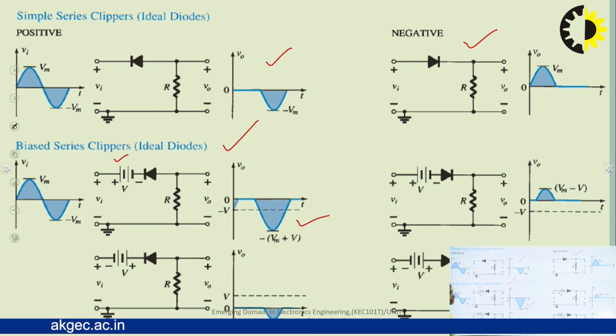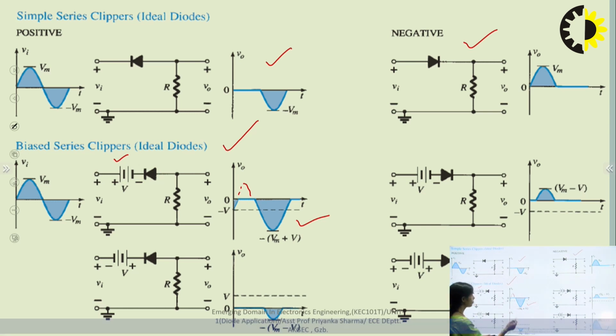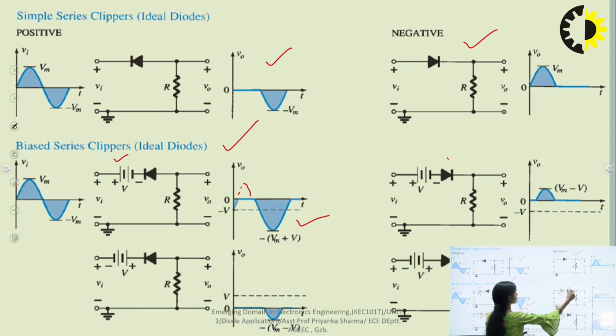we will obtain the output like this. On the negative side, we can say here the positive portion is clipped off, and with the same arrangement, only the diode reversed, we will get the output on the positive side, or we can say all the negative portions are clipped. Similarly, in the third case, the battery is reversed, and the diode is in the same arrangement.